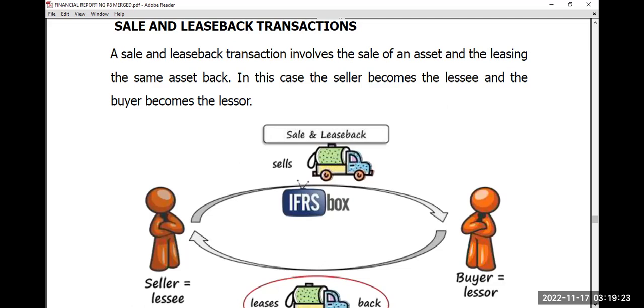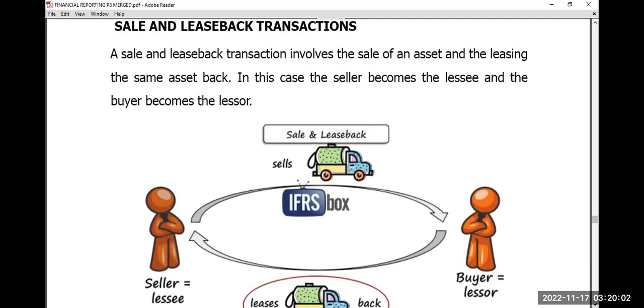If the company has many non-current assets and it wants to get some cash, maybe to push the operation of the business, and they have tried to get money from different sources but have failed, what they can do is sell off some of these assets.